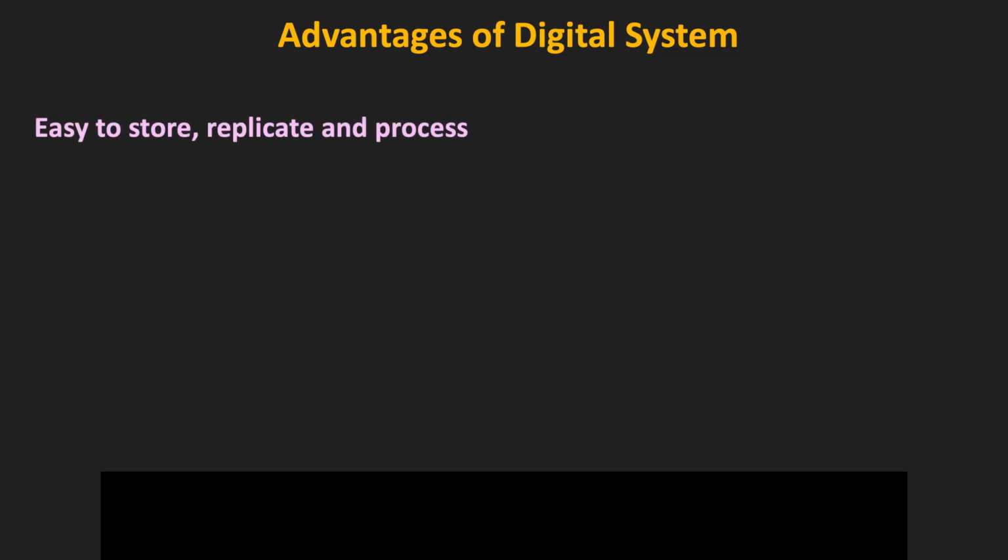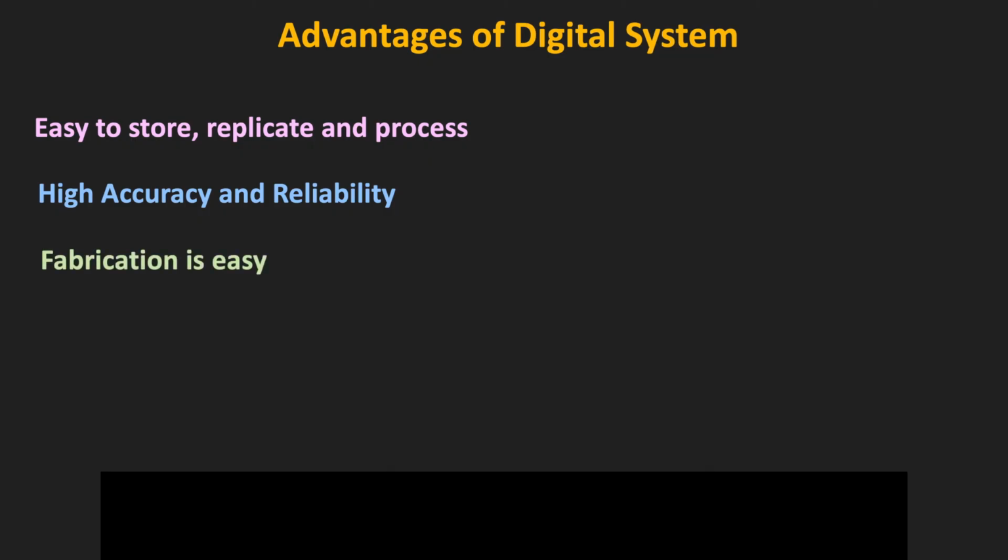The same is not true with the analog system. Moreover, digital systems are more accurate and reliable than analog systems. With the advancement in fabrication technology over the years, digital circuits are very easy to fabricate, and it is also possible to fabricate them in larger density. Compared to analog systems, digital systems are relatively easily scalable. So these are some of the advantages of the digital system over the analog system.